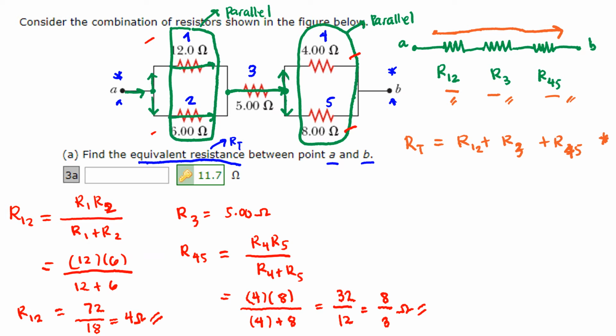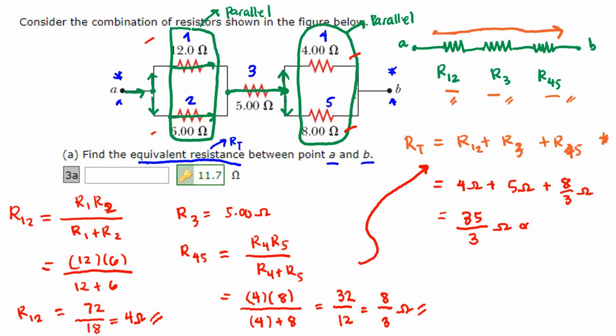So let us plug it into our equation for the total resistance. That would be 4 ohms plus R3, which is 5 ohms, plus R45, which is 8 over 3 ohms, and this is equal to 35 over 3 ohms, or 11.7 ohms, as we should express our final answer in 3 significant figures, as the number of significant figures is also 3.